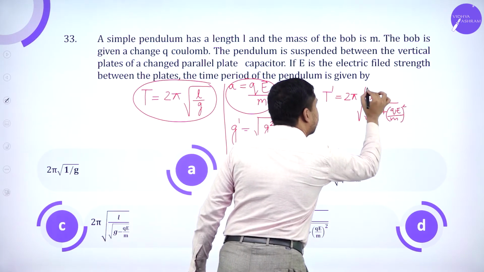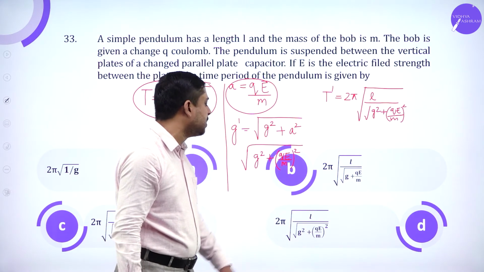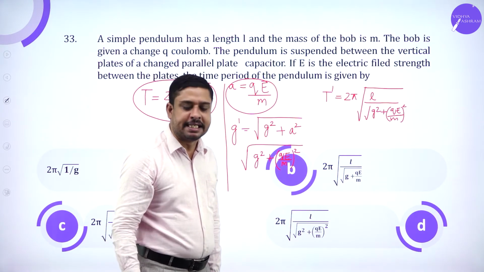So this is the new period of oscillations. So the fourth option is the answer.